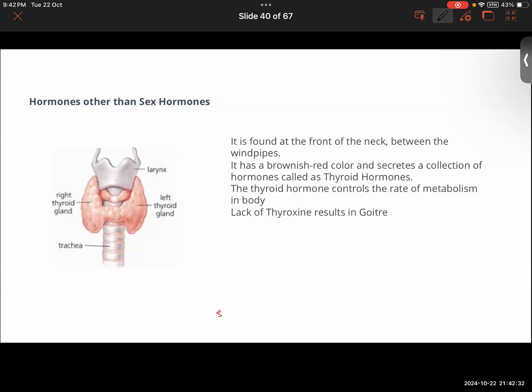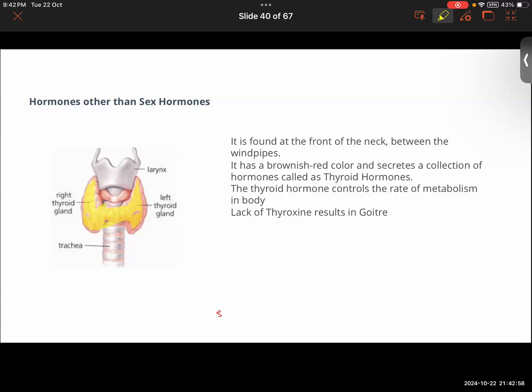Okay. So first we are going to learn about the thyroid gland here. Thyroid gland is present in our throat. It is found at the front of the neck, around the windpipe, as you can see here. This is the thyroid gland over here. You can look at the color of this also.